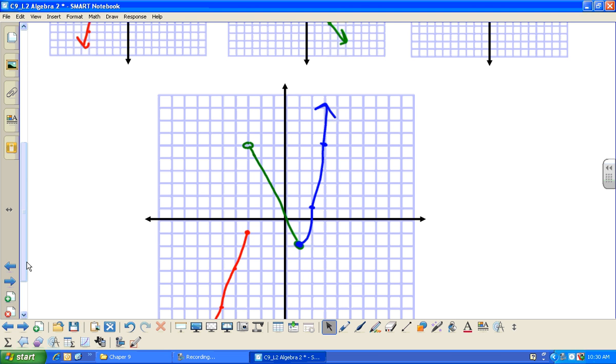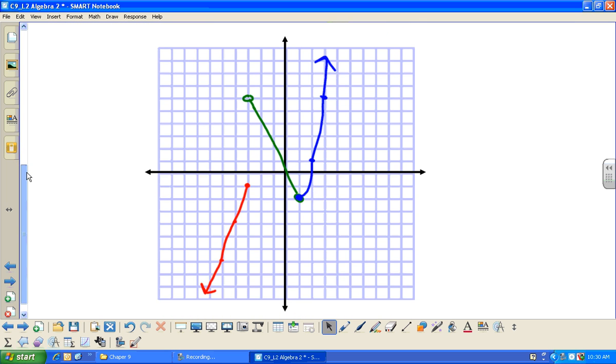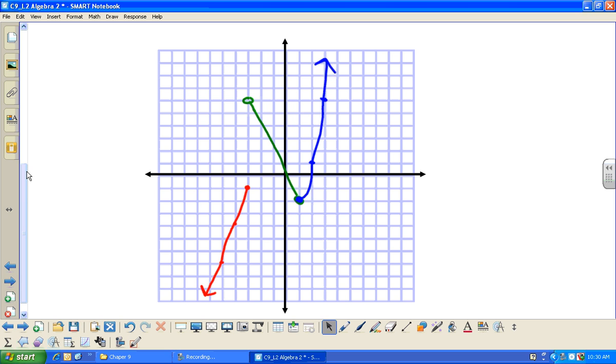So the closed circle at that point is because of the blue graph, not the green graph. So again, if I were to check my vertical line test at any point on this graph, it would be a function because it only goes through one point on that vertical line.